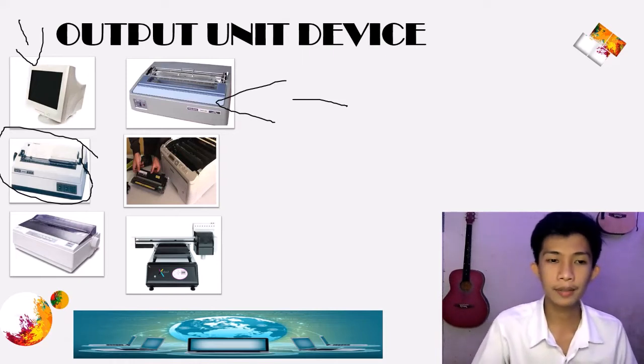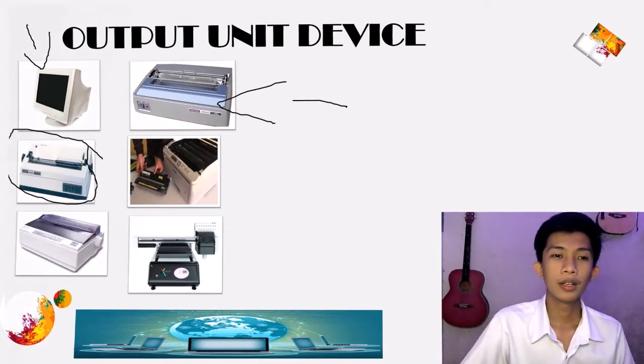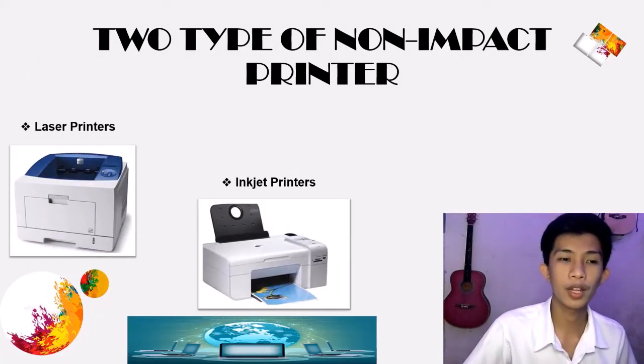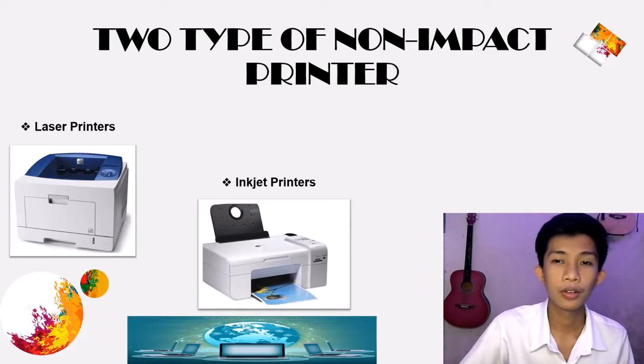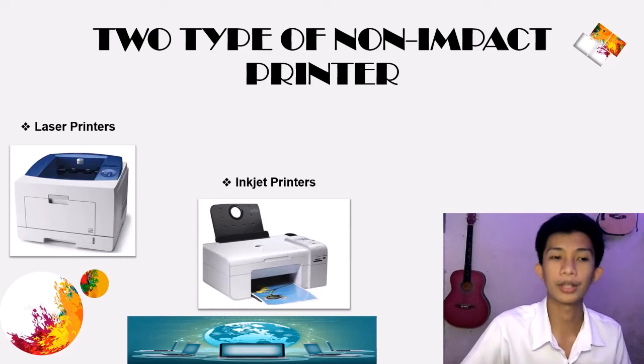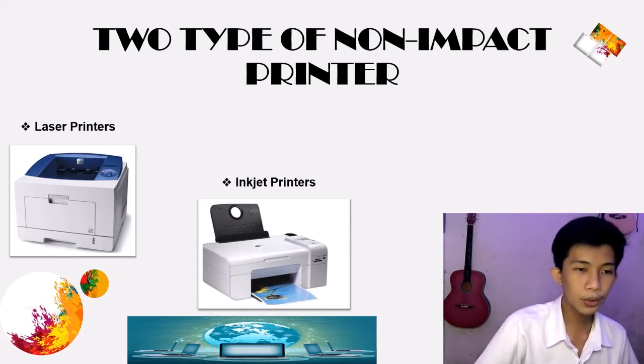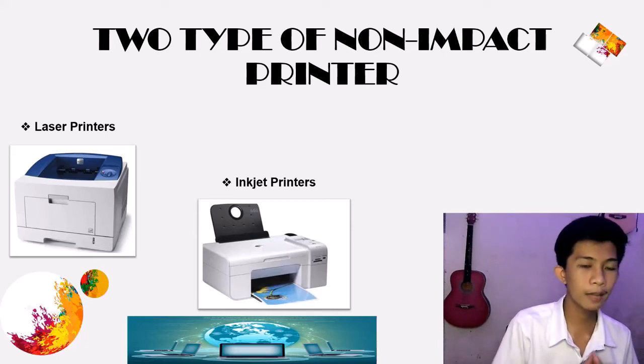And the next is, there are two types of non-impact printer. Okay? The first one is a laser printer. Dito sa laser printer na to guys, may mga advantage at disadvantage sila.